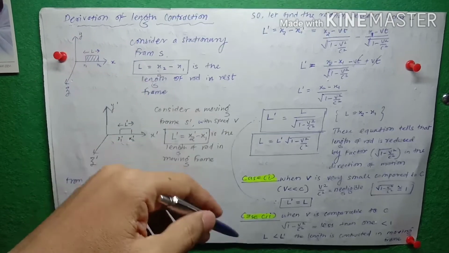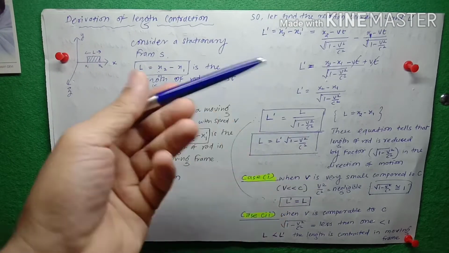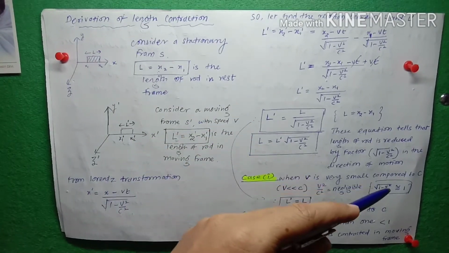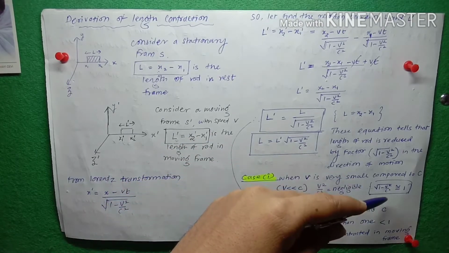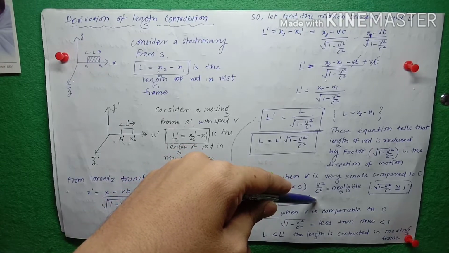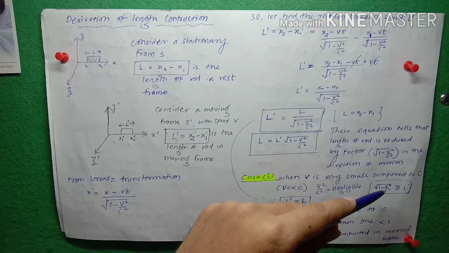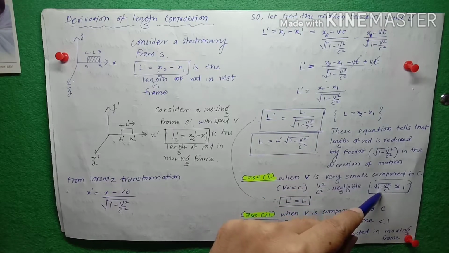So let us discuss two cases. First, when v, the velocity of the frame or the velocity of that pen or rod, is very small as compared to c. When v is very very small, obviously a small value divided by a very big value is going to be almost negligible, so it is always better to neglect it. When you neglect this term in this factor, only 1 is left.